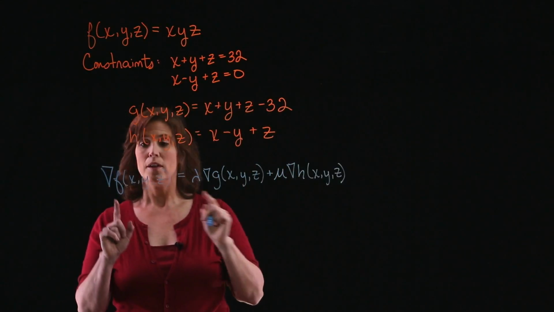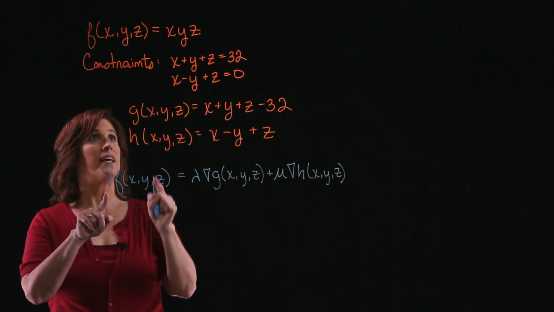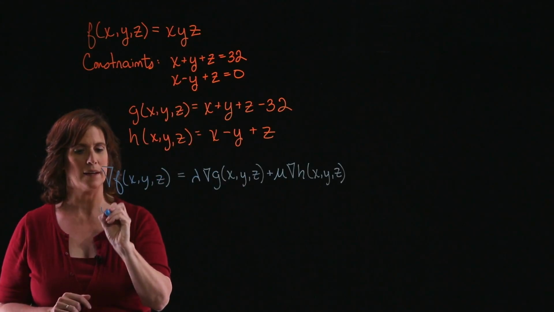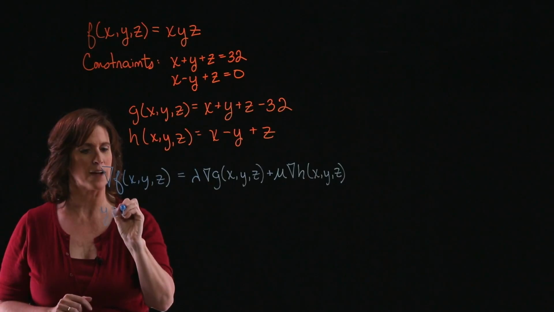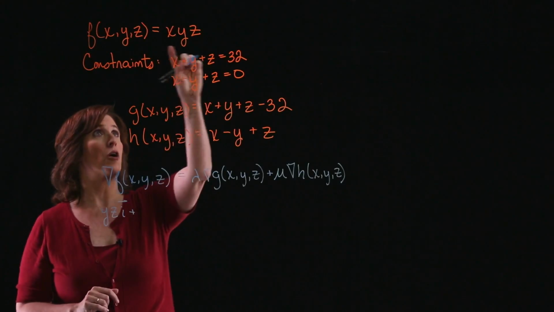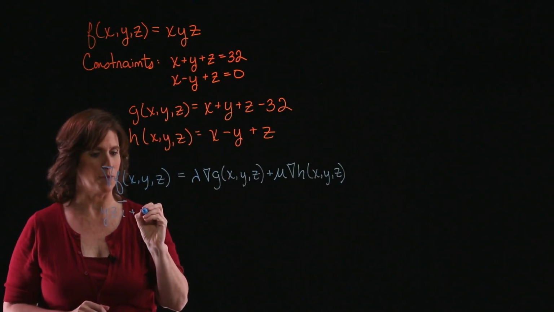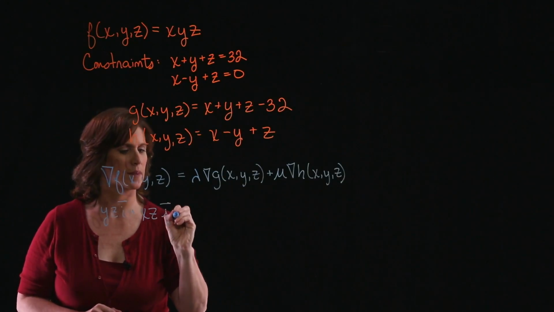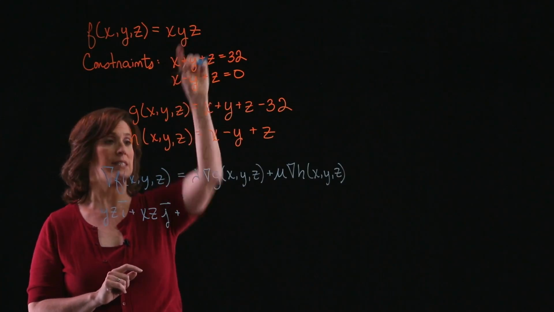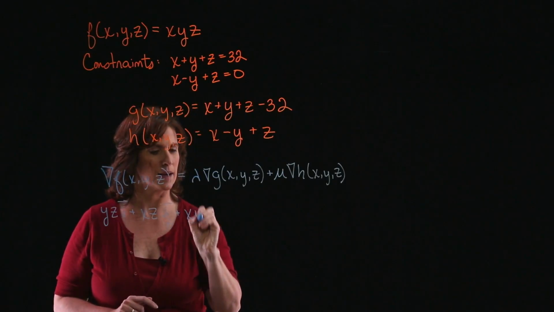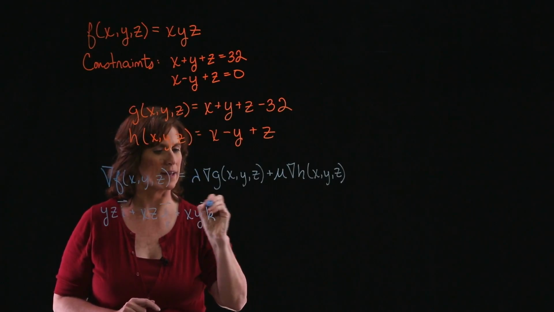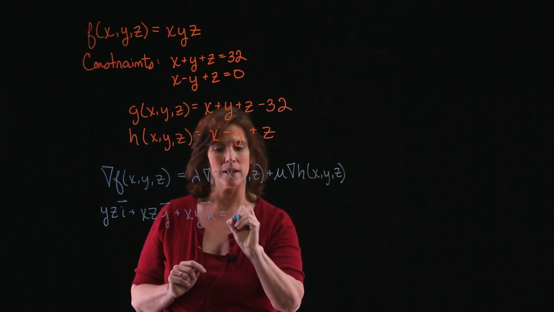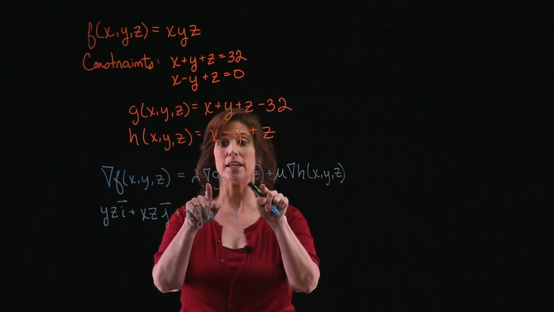All right, so the gradient of f. I'll take the partial with respect to x, so that's going to be yz times my vector i, plus the partial with respect to y, that will be xz times my vector j, plus the partial with respect to z, so that will be xy times my vector k. That's going to equal lambda times my gradient of g.